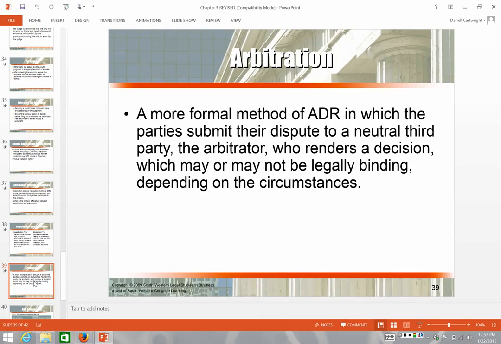Mediation occurs in front of a third party, and the third party is known as a mediator. The mediator has no power. They have no power to issue a ruling. They have no power to make one side do something or another, and their job is to help facilitate a resolution of the dispute, whatever that may be.